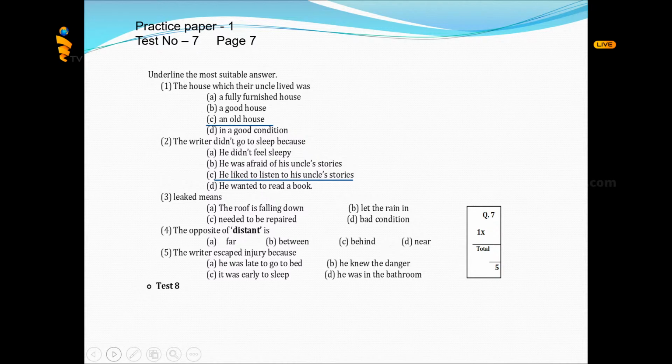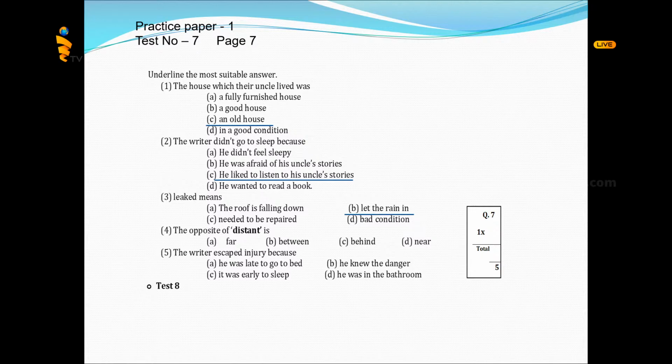They ran upstairs to check around and all the clouds were dusty, right? And a large part of the ceiling had collapsed, falling right onto the pillow of my bed. So that shows that leaked means let the rain in.